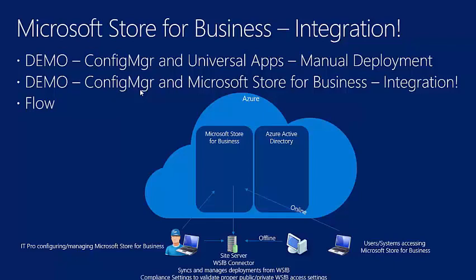Now, before we get to it, the flow now is a little bit different, right? Here we have the same IT pro that's managing the store for business directly. And then we have ConfigMgr here, where we're going to set up the Windows Store for Business or Microsoft Store for Business connector. That'll be in the second demo, right? And then it will synchronize the detail out of the Store for Business, and then you can manage everything from ConfigMgr.